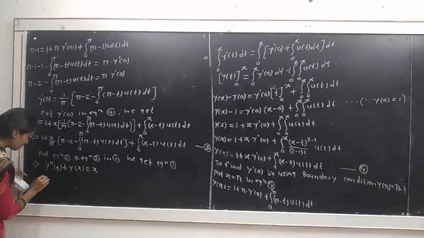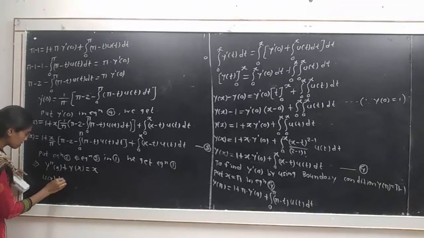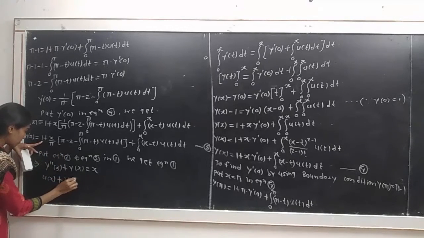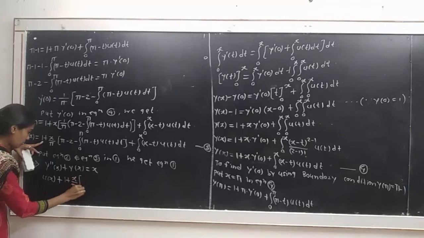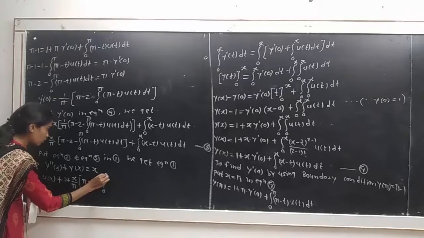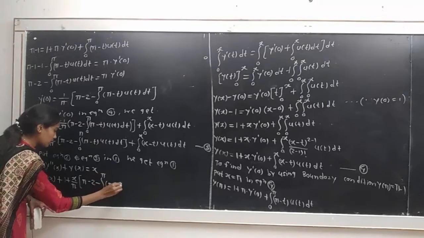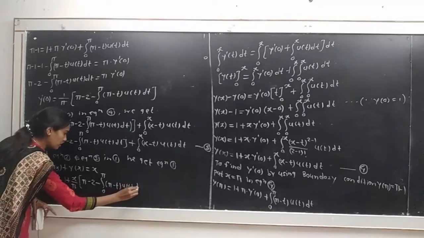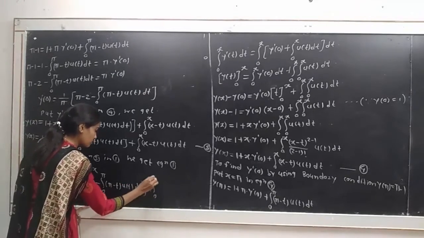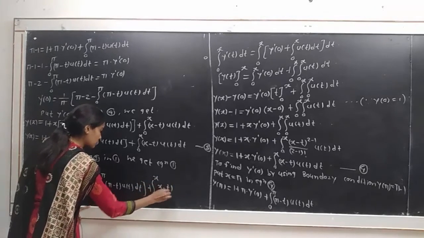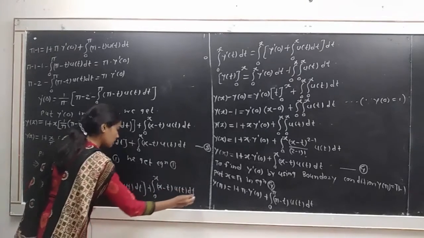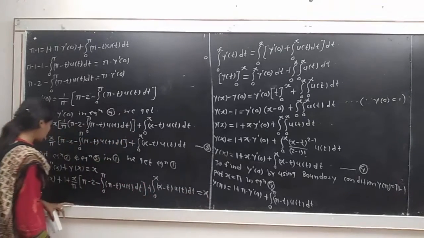Y double dash of x will be considered as u of x, plus y of x will be this from equation 5, that is 1 plus x by pi in bracket, pi minus 2 minus integration from 0 to pi in bracket (pi minus t) into u of t dt, plus integration from 0 to x of (x minus t) into u of t dt is equal to x.